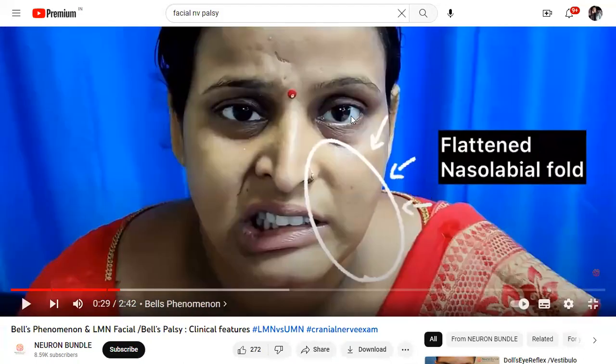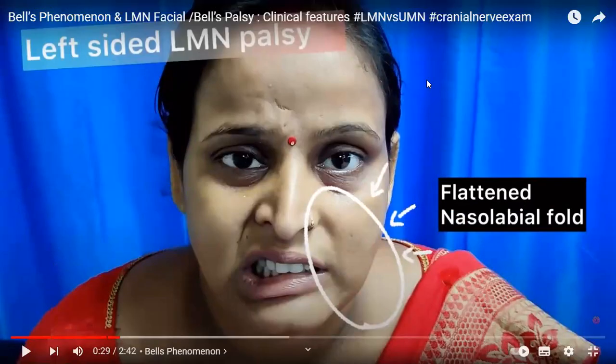This is the typical case of facial palsy. All we know, we can read from the book, but with real cases, sometimes it will be difficult to identify whether this is an upper motor neuron lesion facial palsy or a lower motor neuron one. That is the area we need to identify.